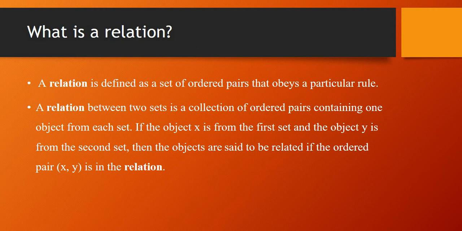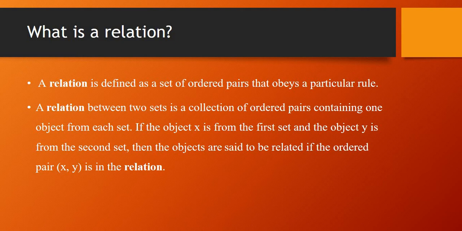What is a relation? From a mathematical perspective, a relation is defined as a set of ordered pairs that obeys a particular rule. A relation between two sets is the collection of ordered pairs containing one object from each set.